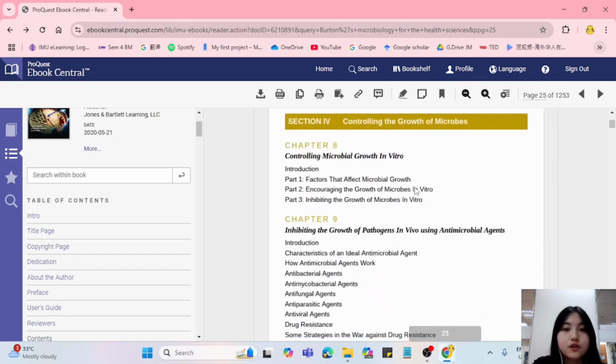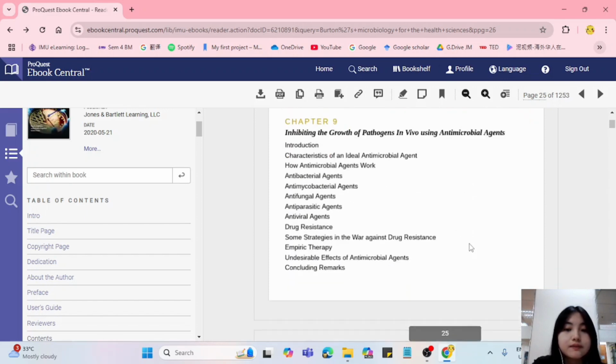In section 4, Controlling the Growth of Microbes, it covers 2 topics, which are controlling microbial growth in vitro and inhibiting the growth of pathogens in vivo using antimicrobial agents. This section highlights sterilization, disinfection, and antimicrobial therapies essential in healthcare and laboratory settings.